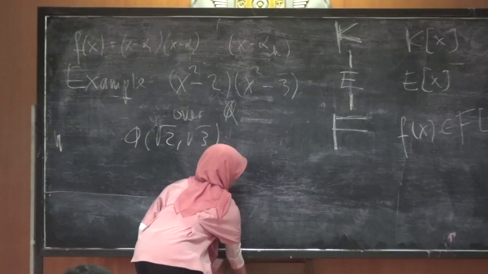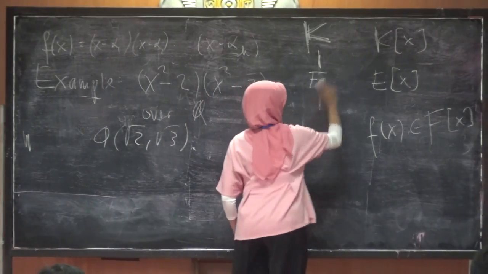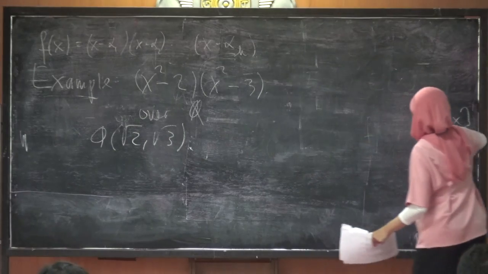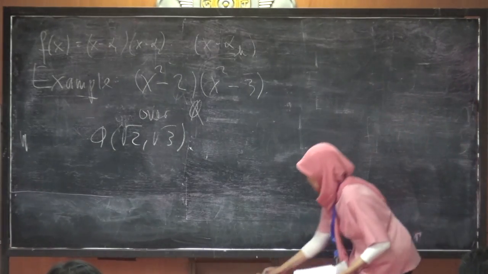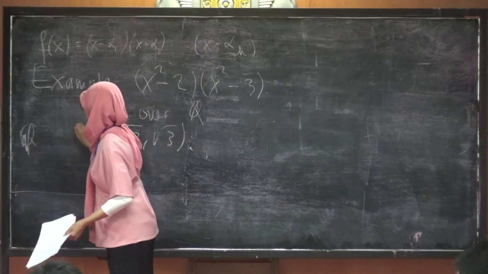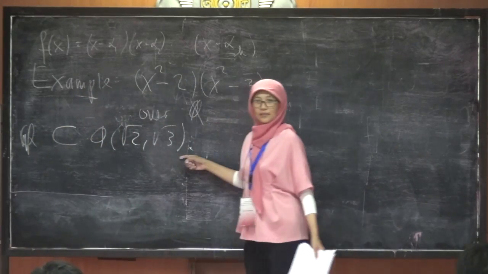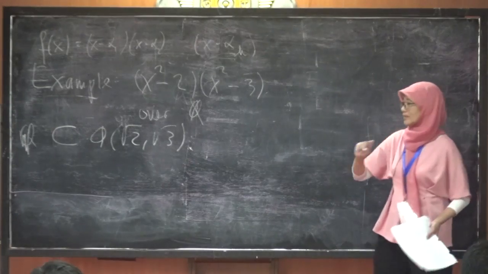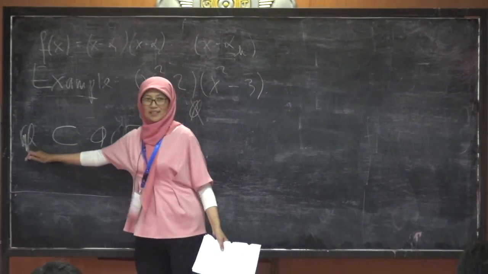I will make the diagram here. Yes, we know that Q is contained in this field, but there is still another field between this one and this one, right?